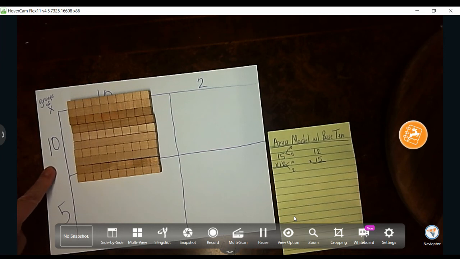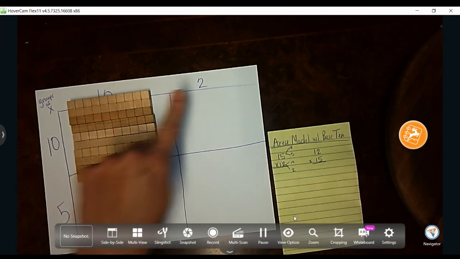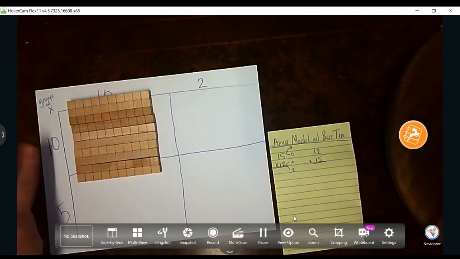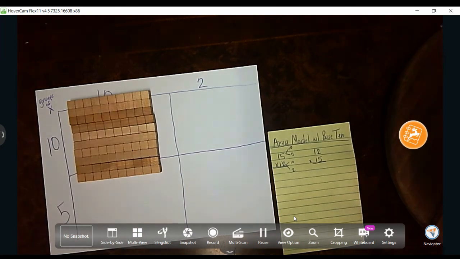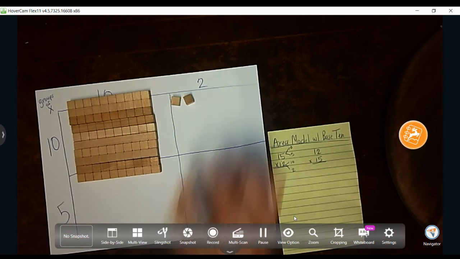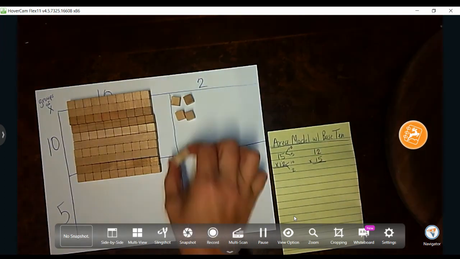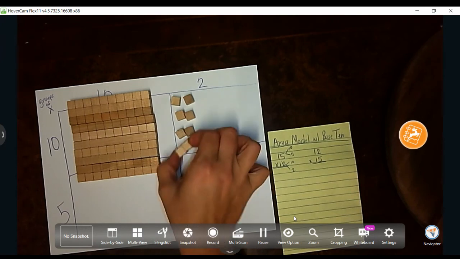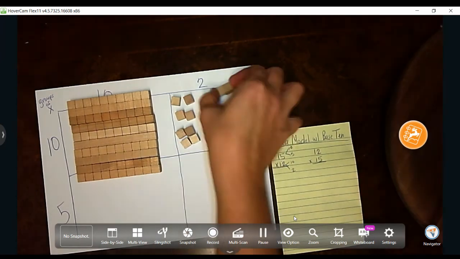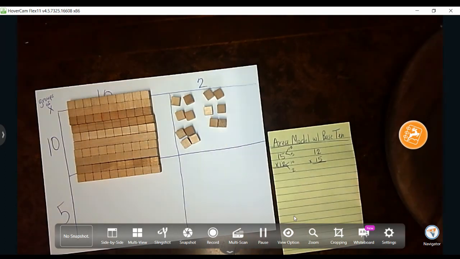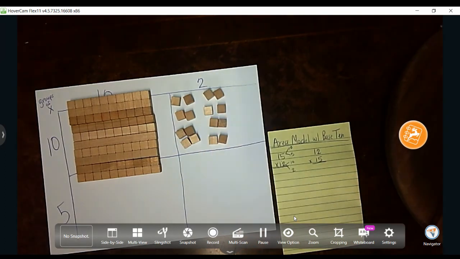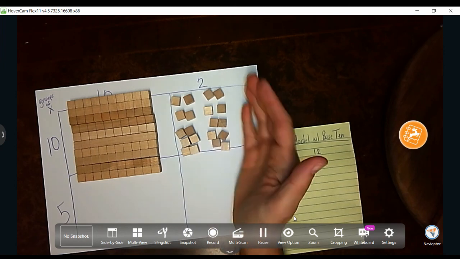Okay? Now let's multiply my 10 times the 2. 10 groups of 2. So I'm going to have 10 groups of 2. 1, 2, 3, 4, 5, 6, 7, 8, 9, 10.